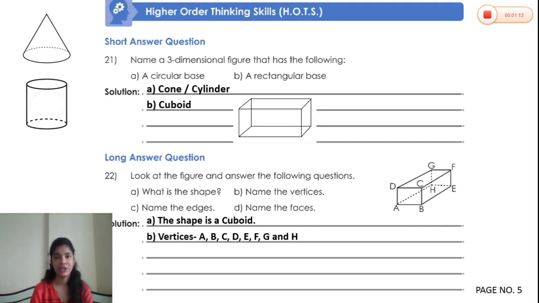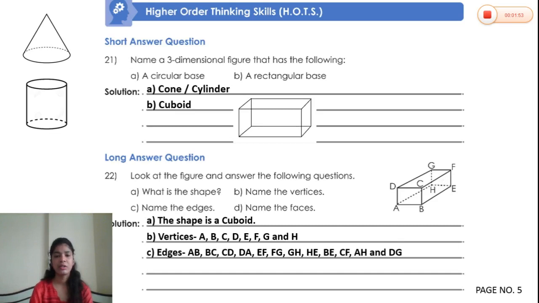Now name the edges. Edges means the lines. Okay, these lines are the edges. So let us see AB, BC, CD, DA, DG, GF, FC, FE, BE, AH, HE, GH.